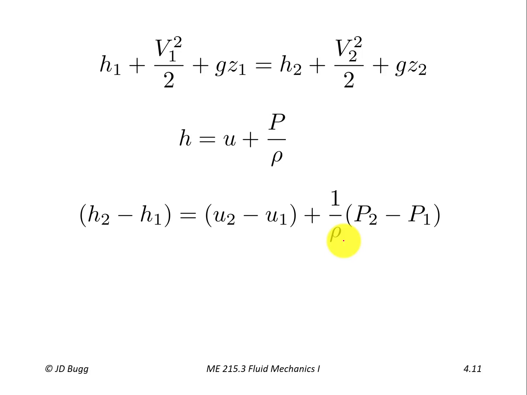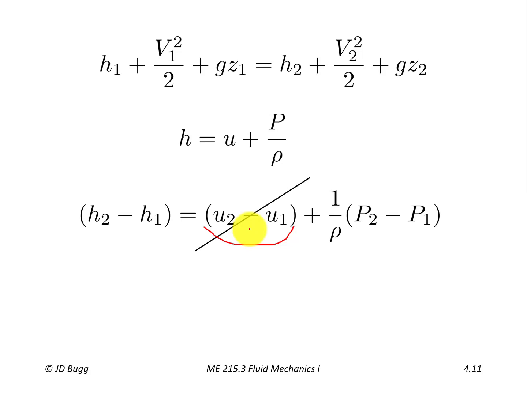Now another assumption we listed in the first slide was constant temperature. Well, if we look at this term, if we have constant temperature and we have constant density, this delta U is 0. So that cancels off. Remember, in thermodynamics, if we have an incompressible fluid, constant density, then the change in internal energy only depends on temperature.